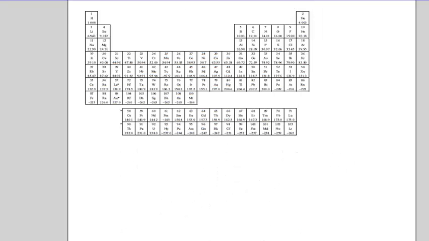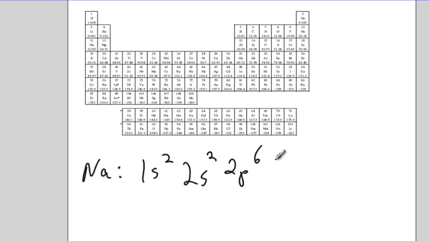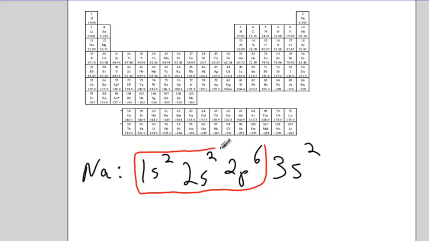Let's say we're talking about sodium, just again in the interest of being fairly short here. The electron configuration for sodium, remember, is 1s2, 2s2, 2p6, 3s2. Well, all this part is the filled part. These are the inner shell electrons, the ones that are all in filled shells.